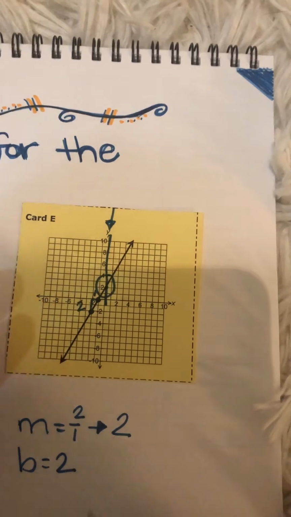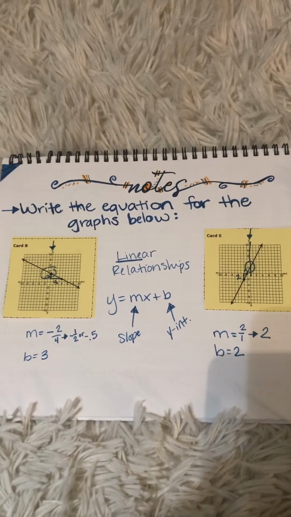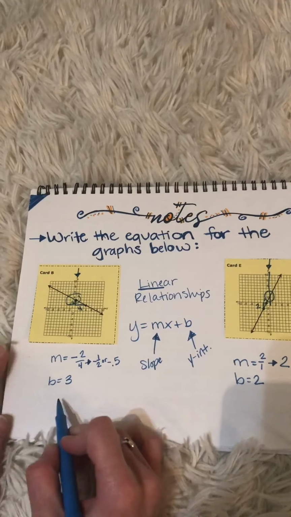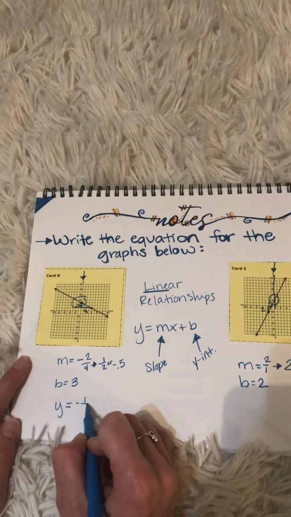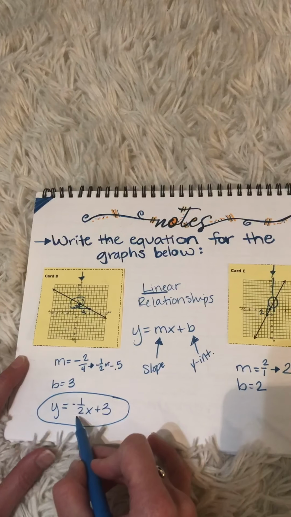My y-intercept is 2. After you have the 2 basic pieces of information that you need for your equation, you're ready to put them together. On the left, my equation would read y equals negative 1/2 x plus 3. I've got my negative slope.